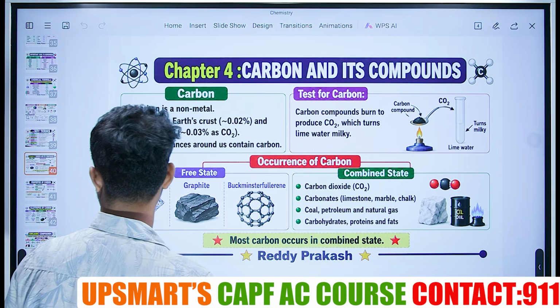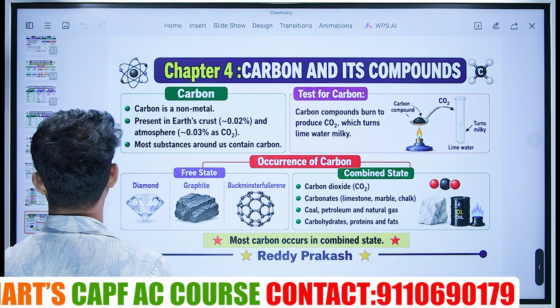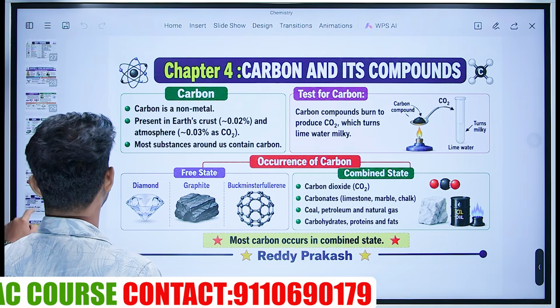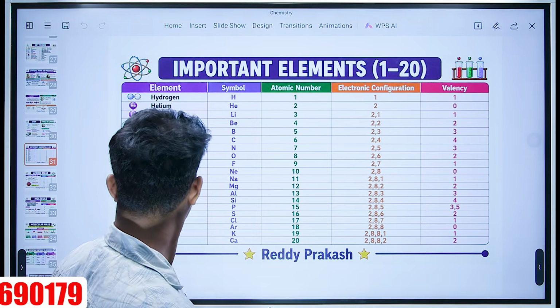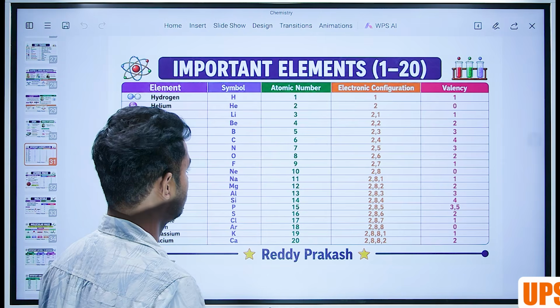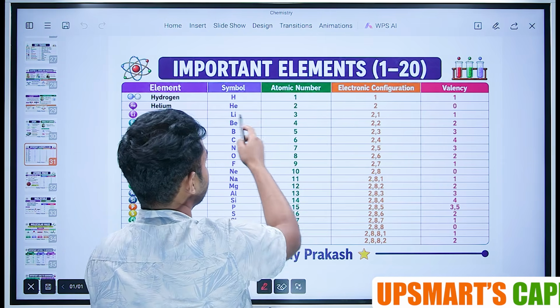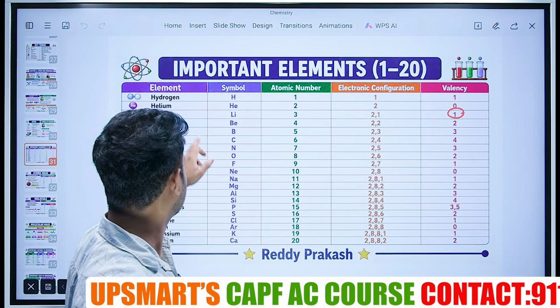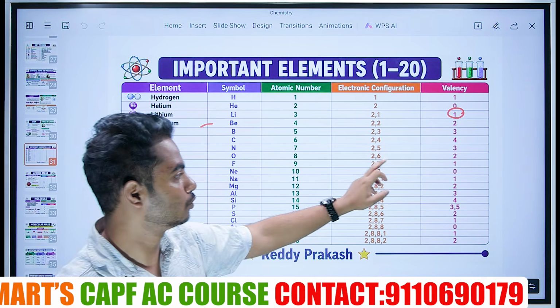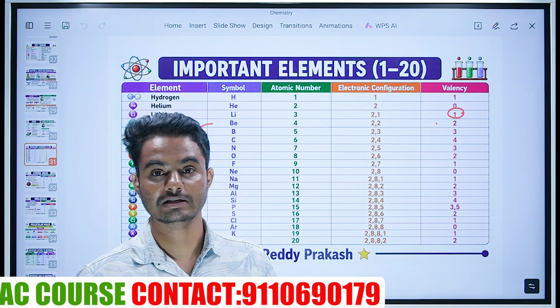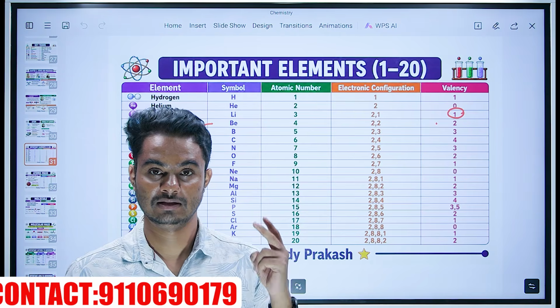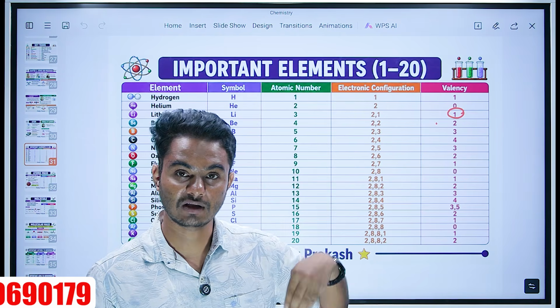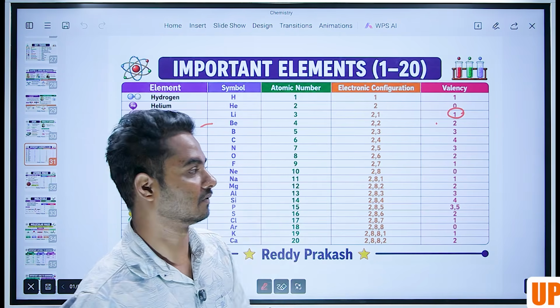Now similarly, I'll take you back to those slides. The other elements also follow similar reasons. The valency of lithium is 1. Similarly, beryllium has 2 electrons. To get stability in the L shell, the second shell, it has to gain 6 electrons or lose the 2 electrons.